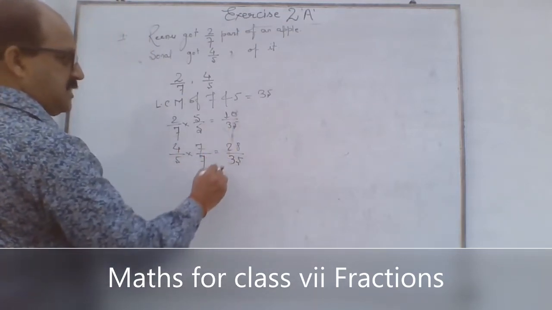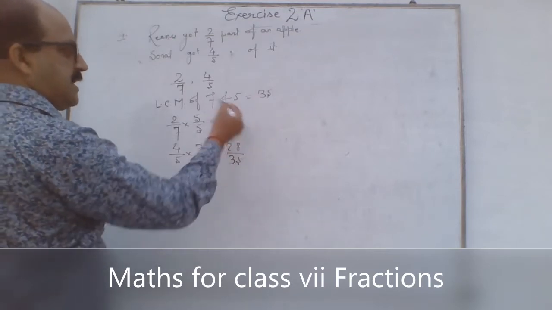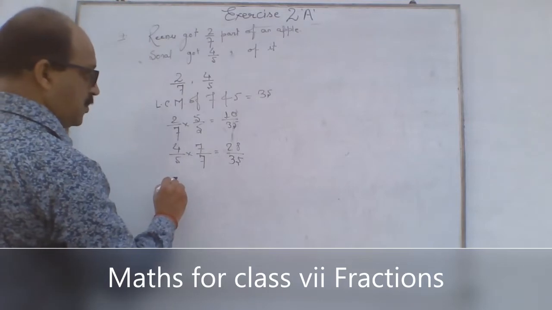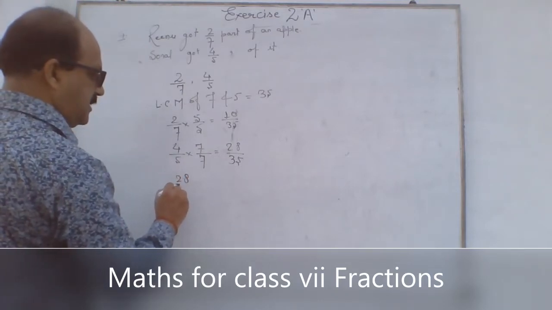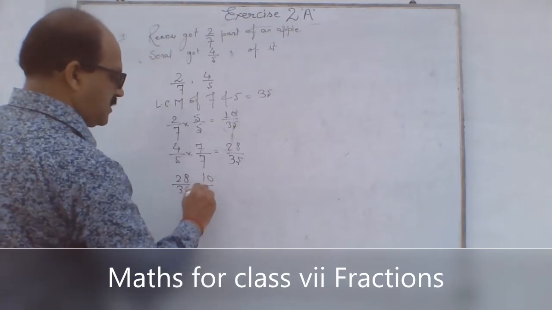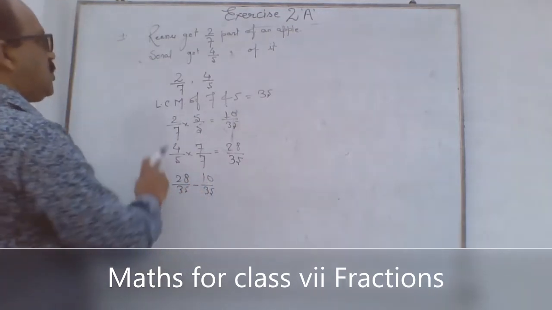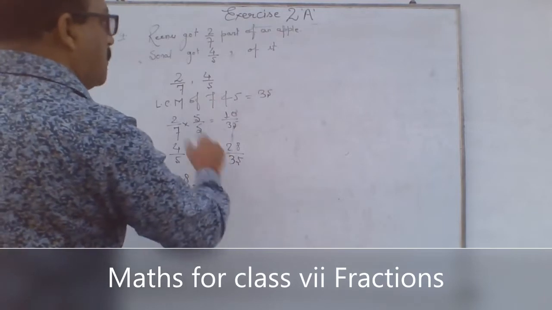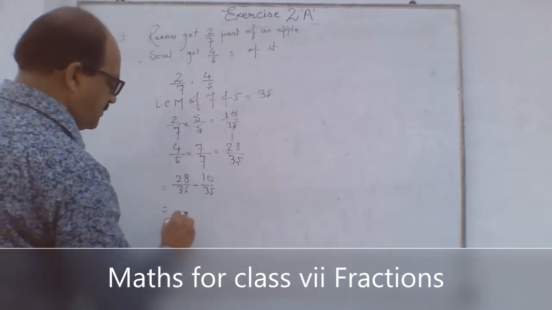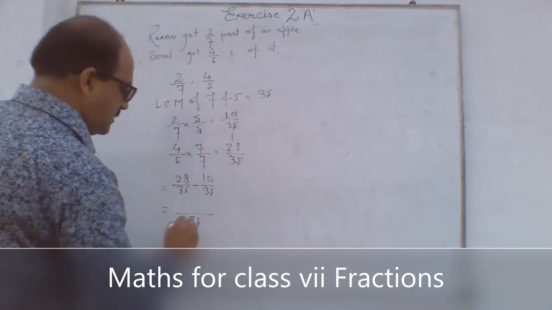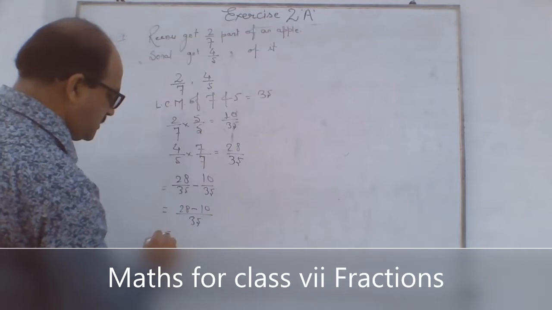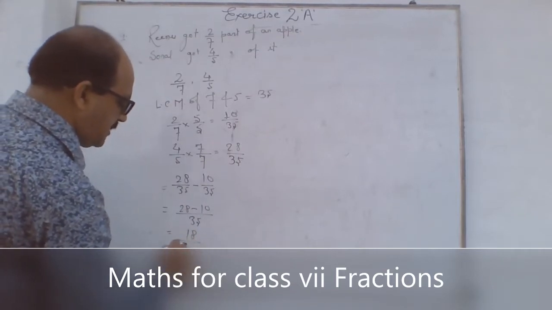Which one is greater? 28 is greater than 10. So 28 by 35 minus 10 by 35. It means Sonal got more than Renu. When we subtract, 35 is the LCM, and 28 minus 10 is equal to 18 by 35.